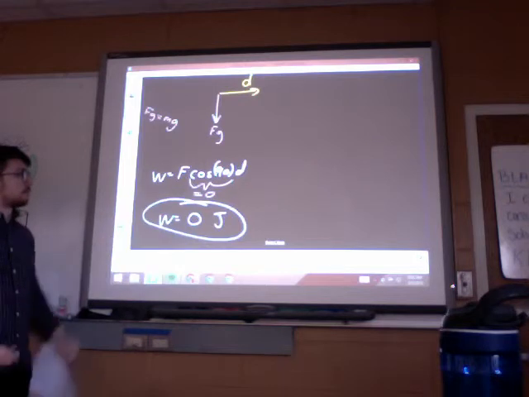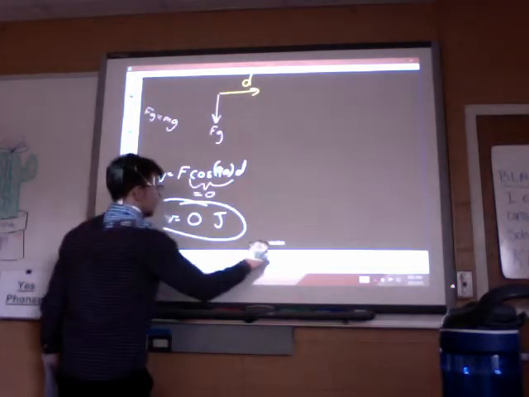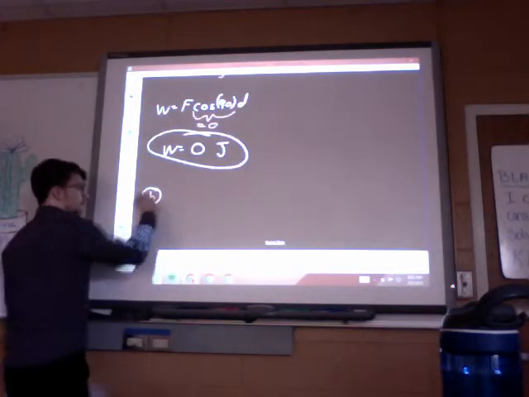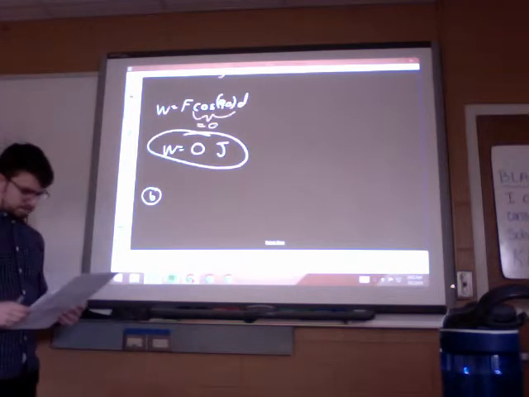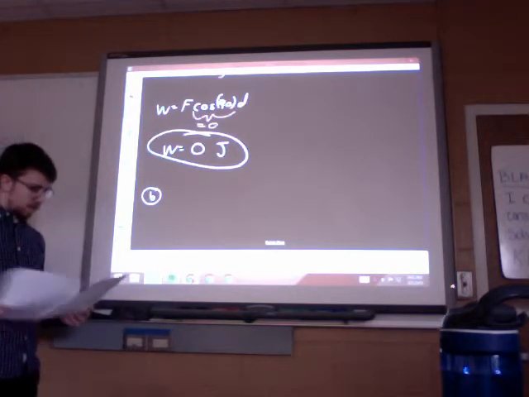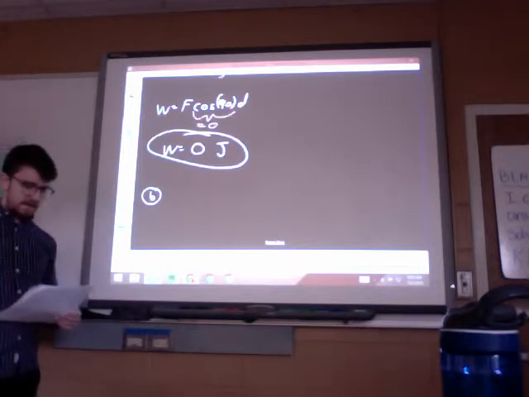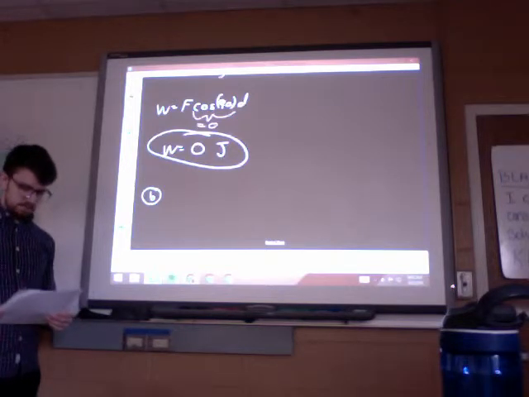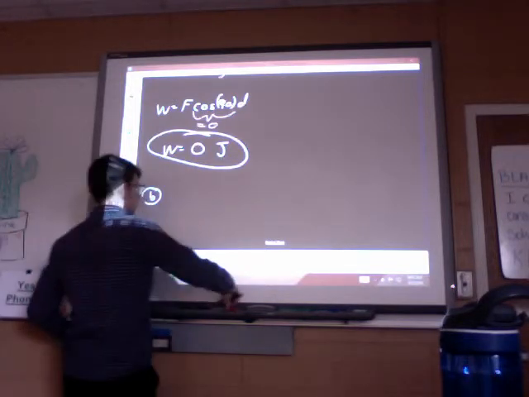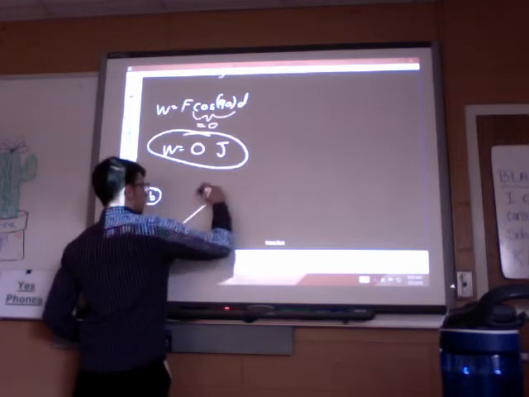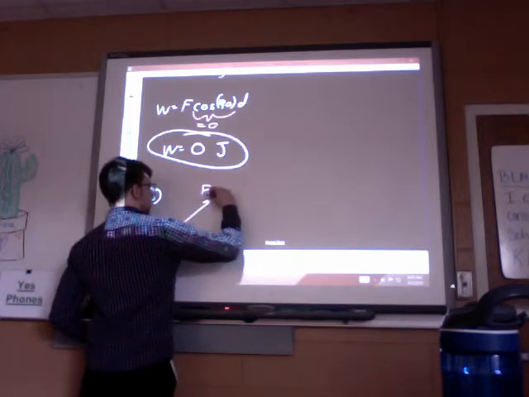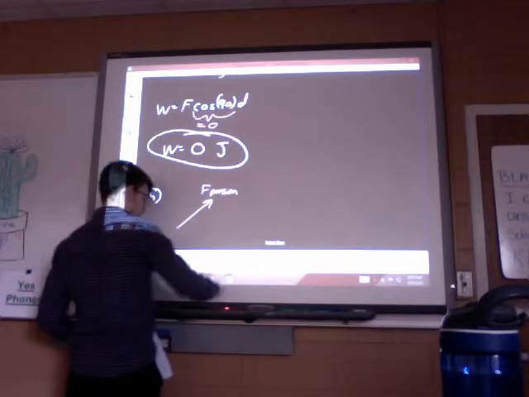And then part B is pretty simple. Part B is the work done by Jen. Is she pulling horizontally, vertically, or at an angle? Angle. There's her force. Force of person, or force of Jen.